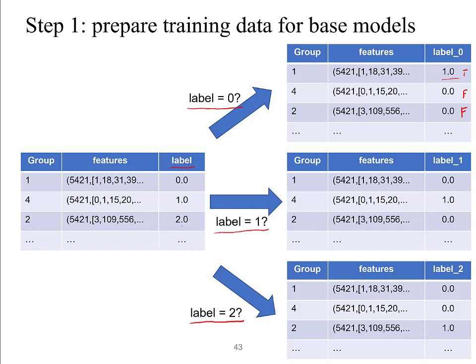And for the remaining 2 rows, the label does not equal 0, so we assign 0 here. And we can do the same thing for label equals 1 or not and label equals 2 or not. We have label 0, label 1, and label 2 as the 3 new columns.